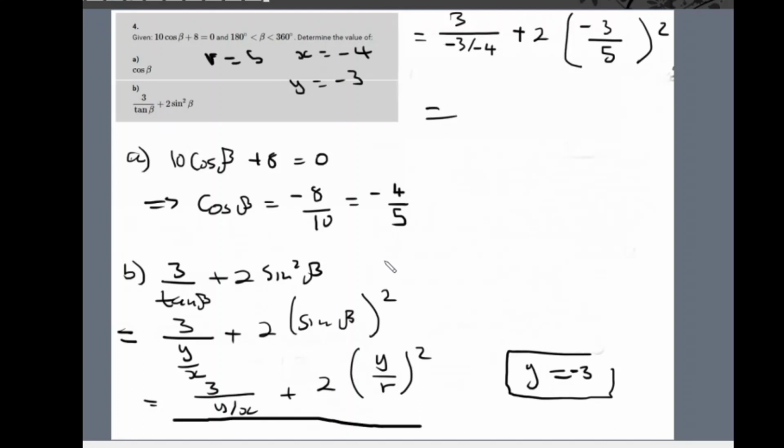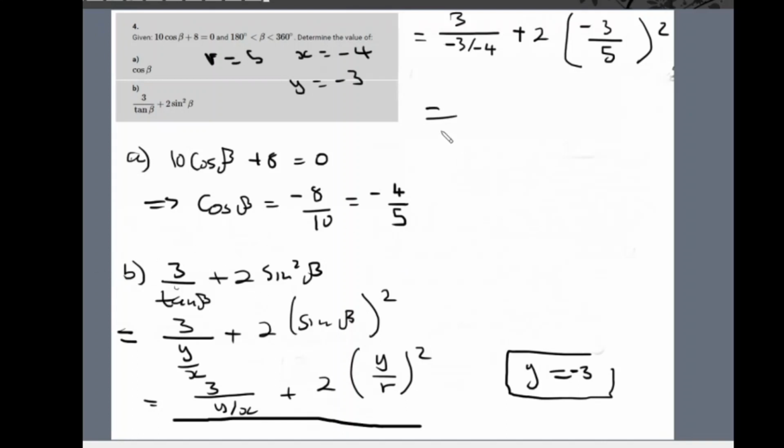Sorry, I think I made a mistake somewhere. So -3 over 4 plus 2 times -3 over 5, all squared, right? And for the answer, I'm good.